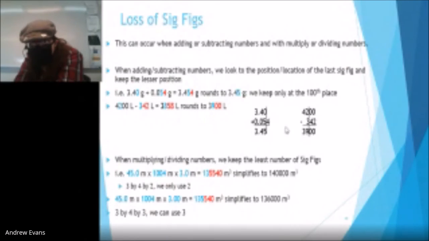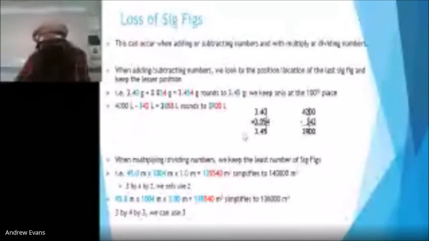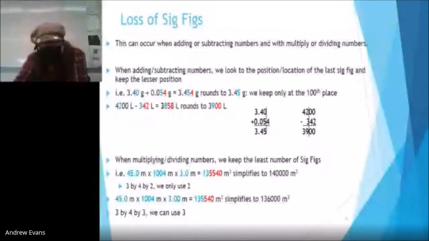So when I subtract this, you get 3858. However, you round to the correct number of sig figs. So you round that to 39. We don't know if this is exactly 38 or 39, but we know it's close to 3,900. You can report 3858, but it's not quite right because we don't know for sure.